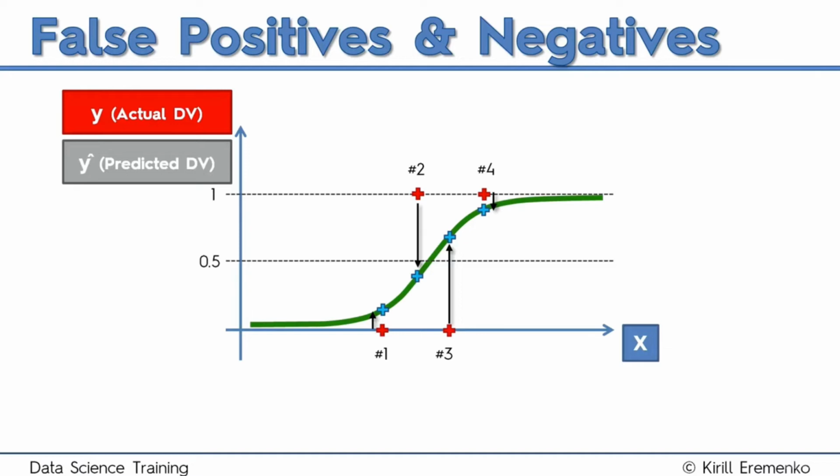So anything below this line is going to be projected onto the horizontal line which is 0, where we're saying that the offer is not going to be taken up. And anything above the 50% line will be projected onto the horizontal line which is 1 or 100%, where we're saying that those people that end up on that line are definitely going to take up the offer. So let's go ahead and do that.